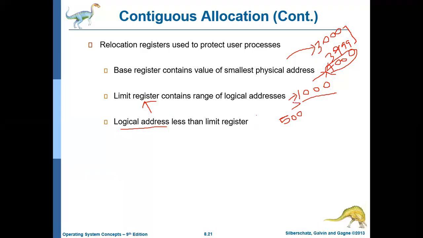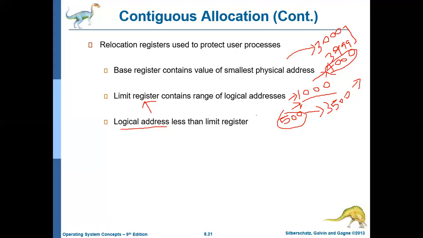Yes, 500 is less, so it will be allowed to access. But before allowing access, this 500 will be added with the content of the base register, which is 3000. So the resultant physical address will be 3500. Now the CPU is allowed to access location 3500.